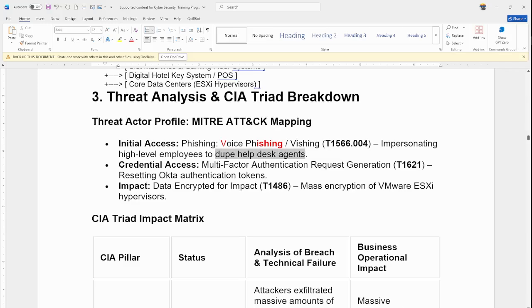He called and said, I am so and so, can you please reset that password? So he got the initial access directly. Then he compromised the OTP. He generated a multi-factor authentication request. Then the impact: he started copying the data.